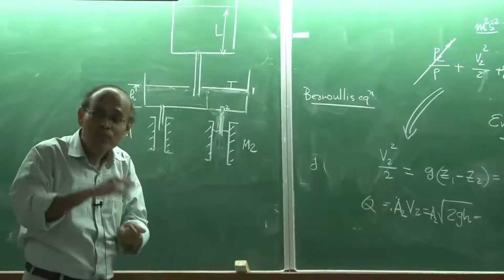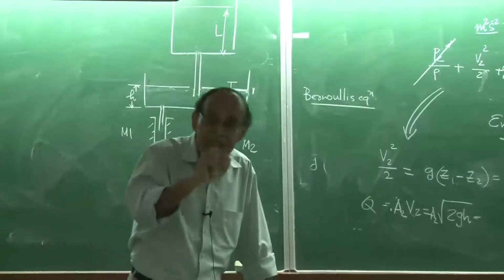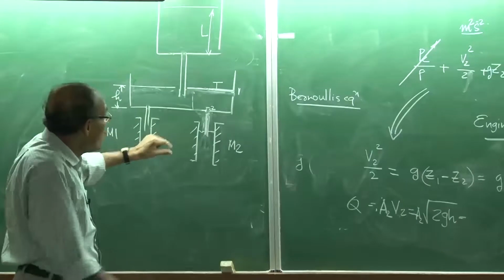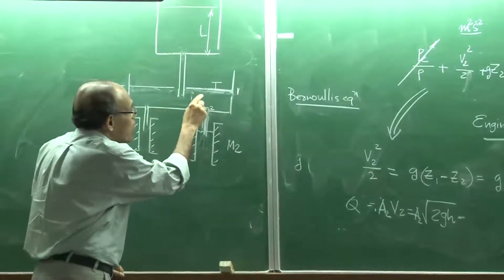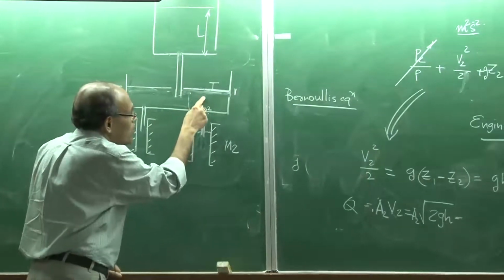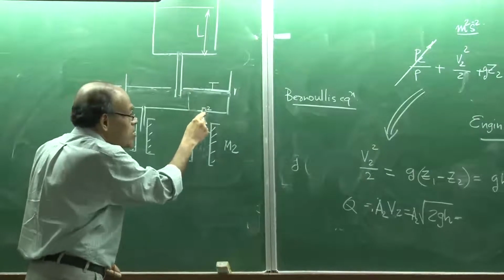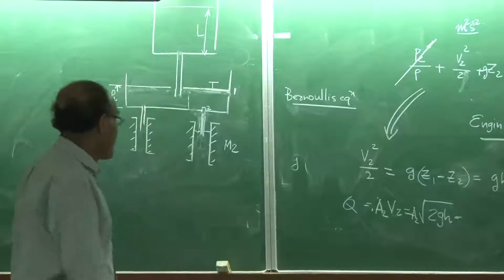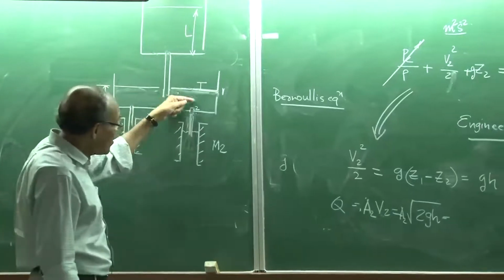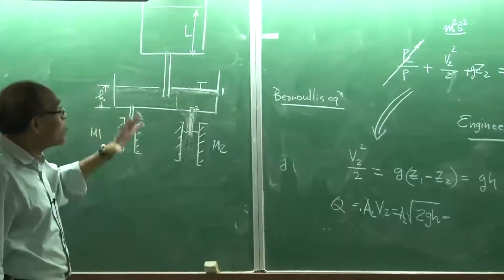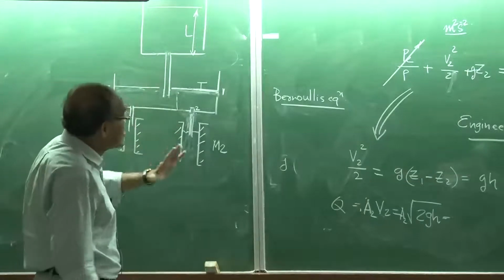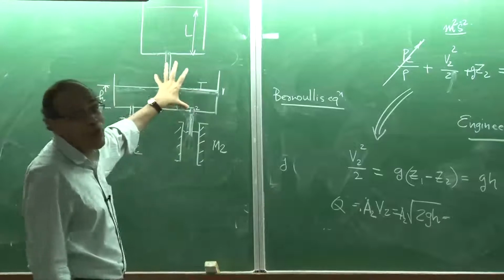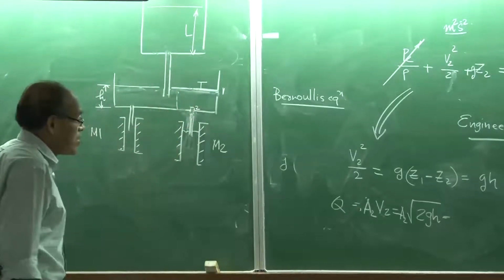I can assume a piecewise steady state feature of the flow, and at various instants when the bath depth is this, what is the velocity, when the bath depth is this, what is the velocity. Assuming momentarily a steady state scenario exists, I should be able to find the velocities. But in the true sense of the term, in an unsteady state flow, when the bath is descending continuously, we will not be able to apply Bernoulli's equation.